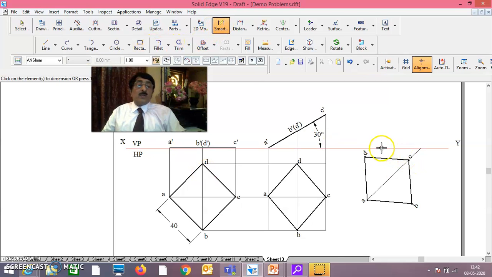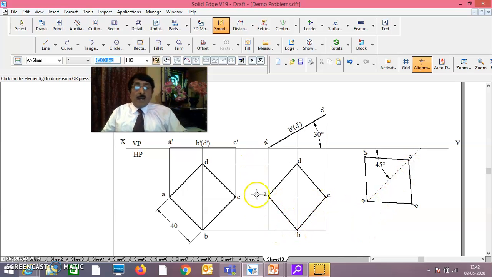Now you measure this. Okay, this you do 45 degrees to VP it should be. In that way, this top view of the diagonal containing the corner is inclined at 45 degrees to VP.